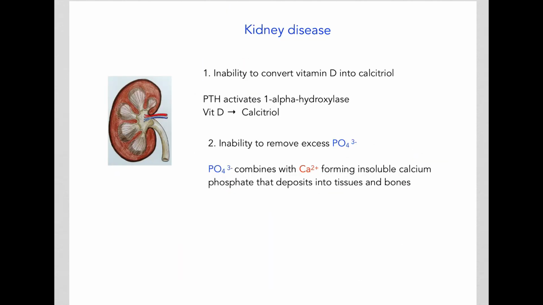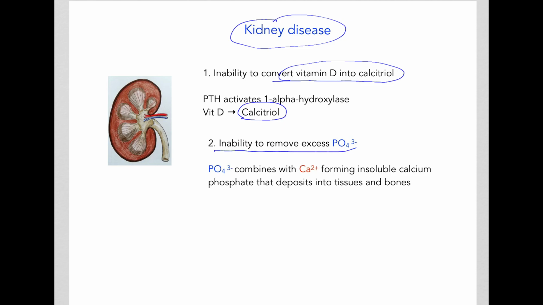Now, another reason for hypocalcemia is kidney disease. So if the kidneys are not working, then they won't be able to convert vitamin D into its active form, calcitriol, and with the low levels of calcitriol, we are going to end up with hypocalcemia. Now, impaired kidney function will mean that it will be unable to remove excess phosphate.